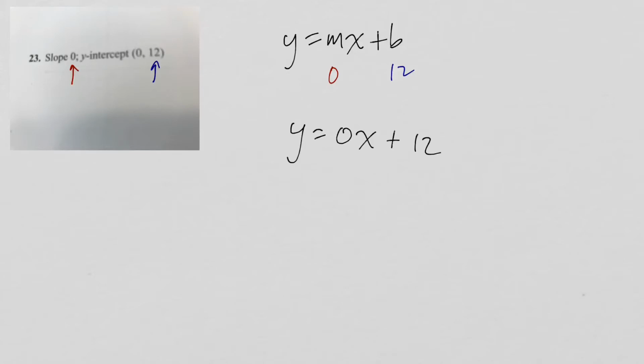Okay, y equals mx plus b. Our slope is 0, and our y-intercept is 12. And so when we do this, we're going to have y is equal to 0x plus 12, or in other words, just y is equal to 12.